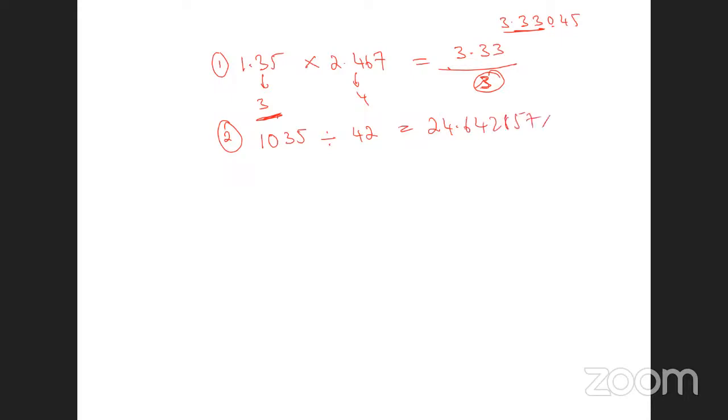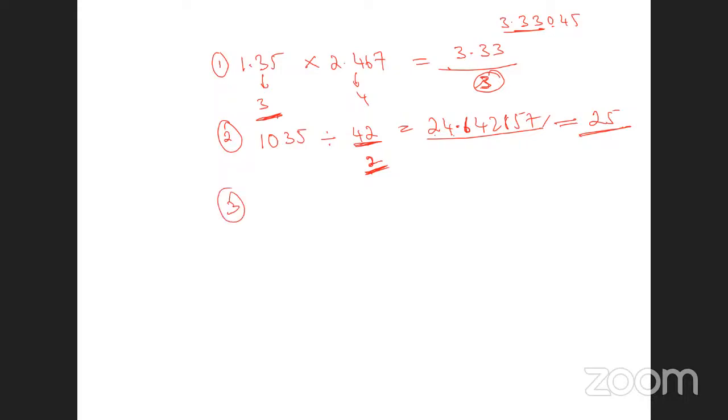But the least significant figure would be 2. So we have to keep the whole number to just 2 significant values. Keep it to 2 figures, so 24, but there's a 0.6, it's 5 or above, then you add 1, that's 25, round it up.